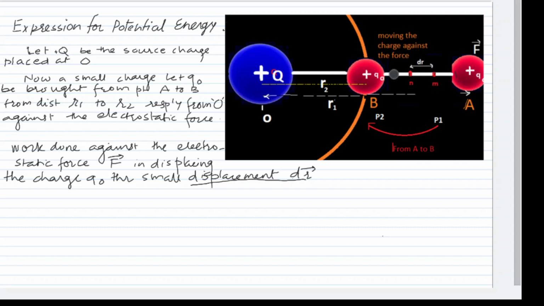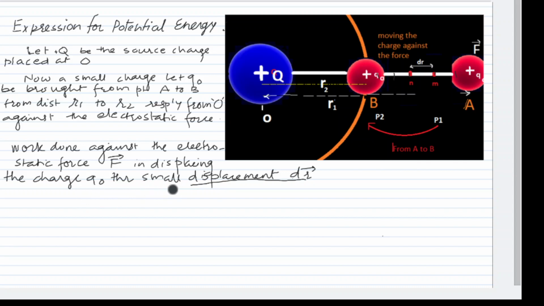Again here to here this is dr. So from this to this position it is completing so many dr. If you want to find the total displacement from A to B, that is integration of dr, isn't it?